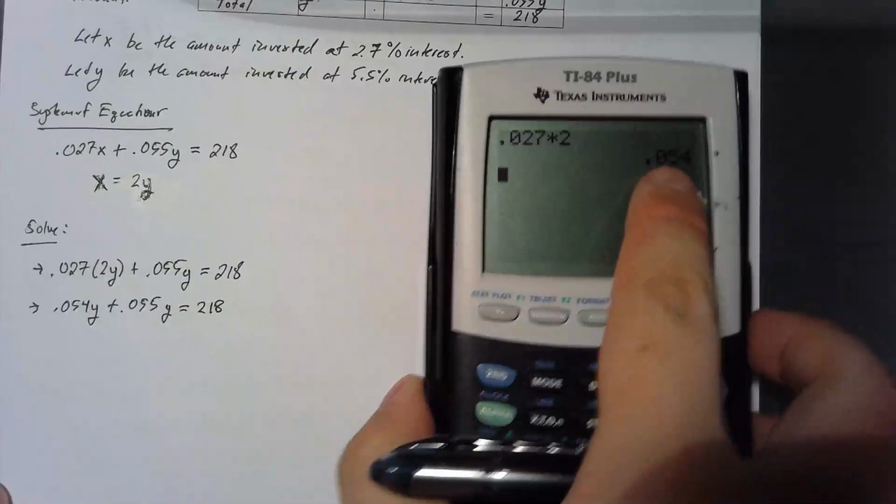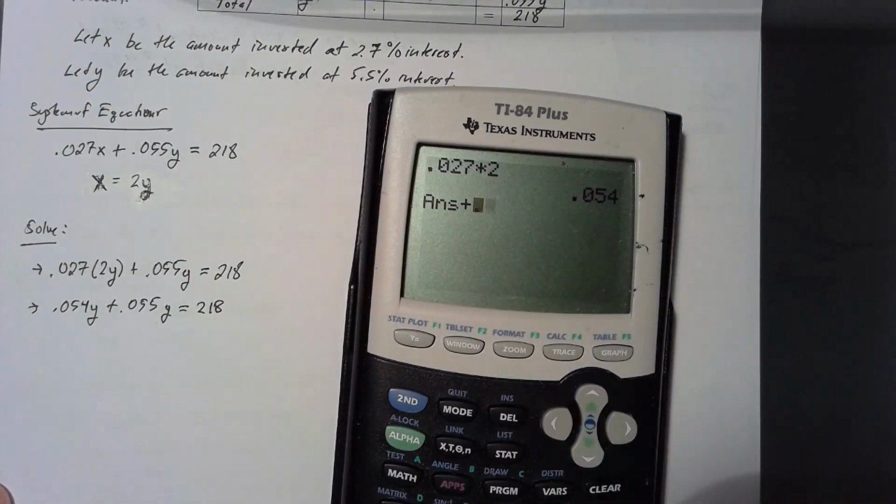So 0.054, just be careful with these decimals, plus 0.055 is 0.109.